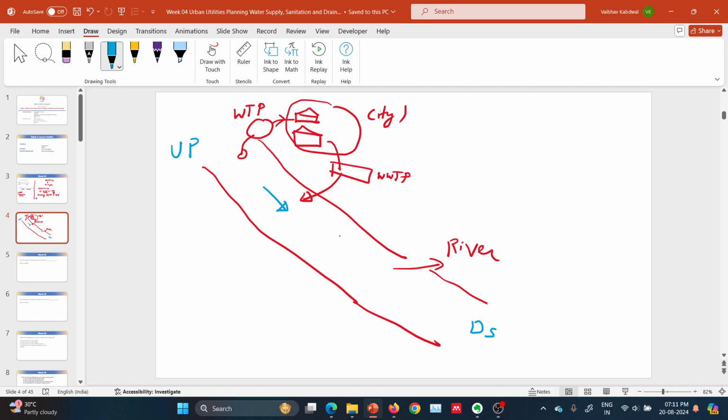After the wastewater treatment plant, the pollution load is not zero. Though it has been reduced, some pollution will travel, and some of that pollution will be diluted by the river. And here is city 2. City 2 will take the water from here. This is intake 2, and this is intake 1.